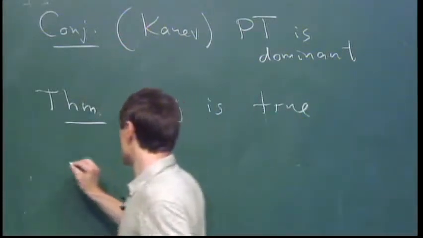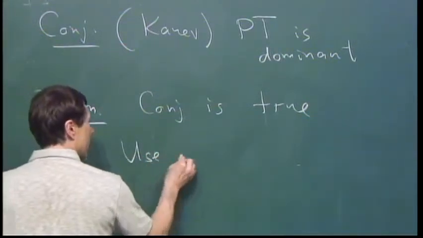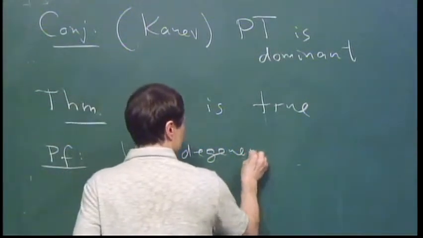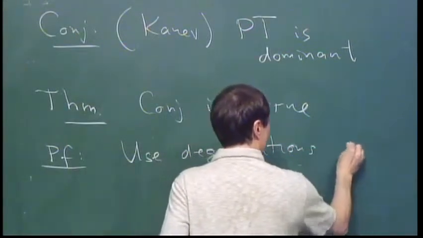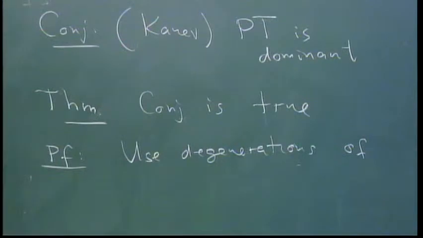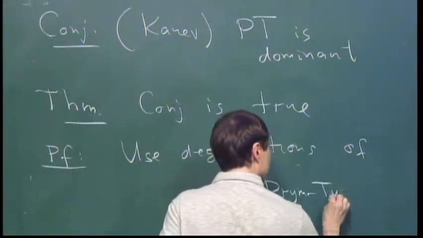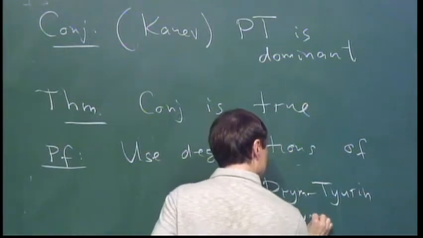And for the proof, I will use degenerations of Prym-Tyurin varieties.